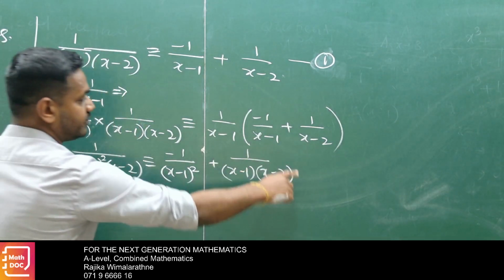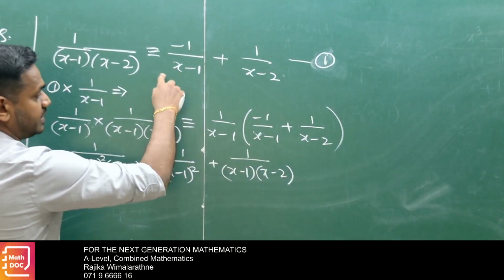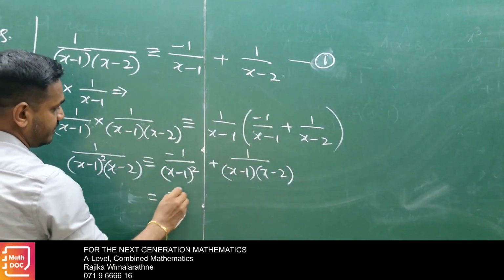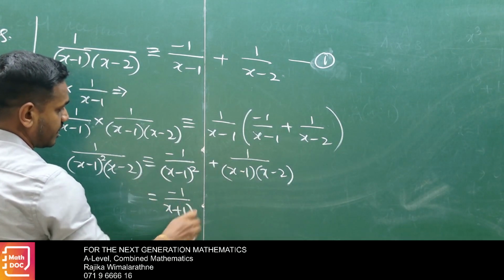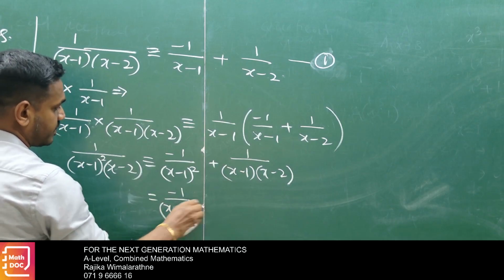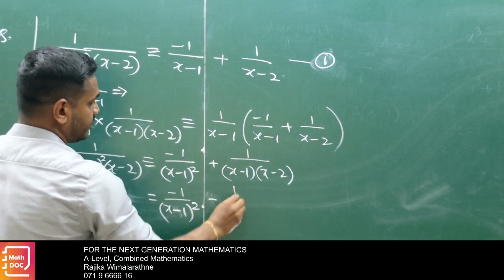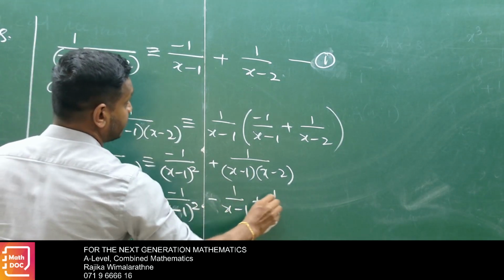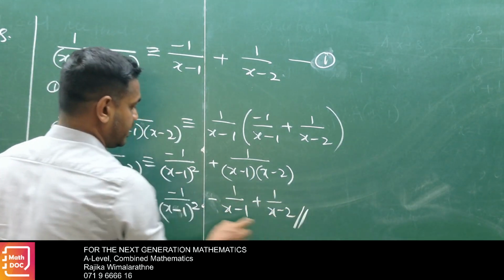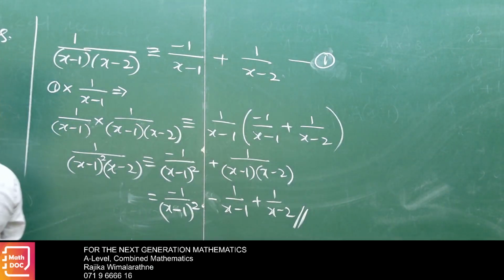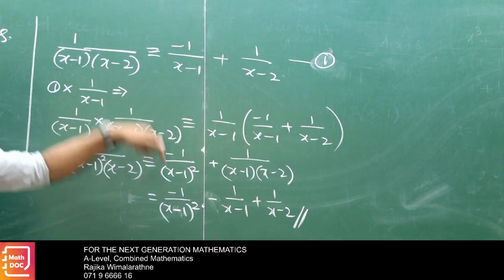Then further we know partial fractions again here. You can put it there. Then for this you write minus 1 over x minus 1 plus 1 over x minus 2. Here it is. Okay, complete that.